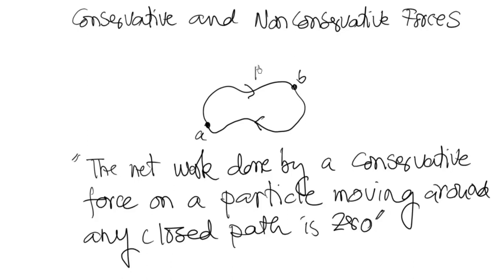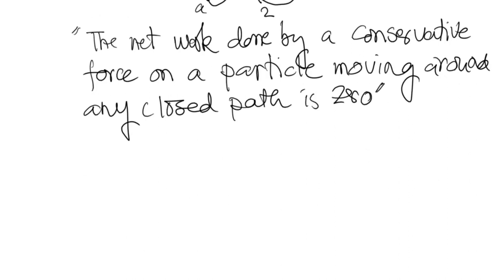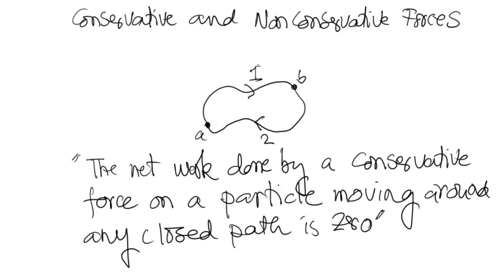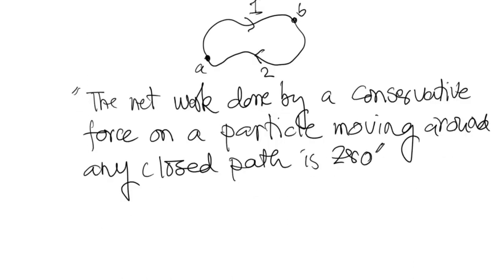Let's suppose this is path 1 and this is path 2. Let's suppose that a particle moves from point A to point B along either path 1 or path 2.